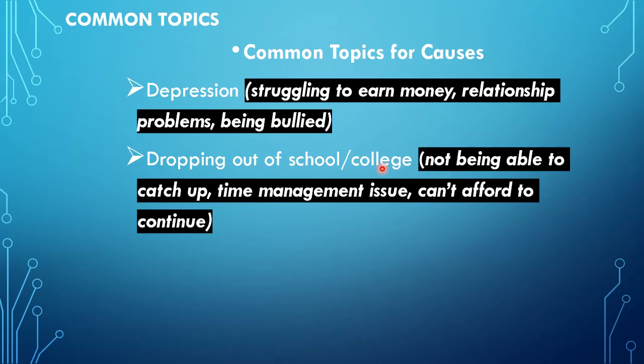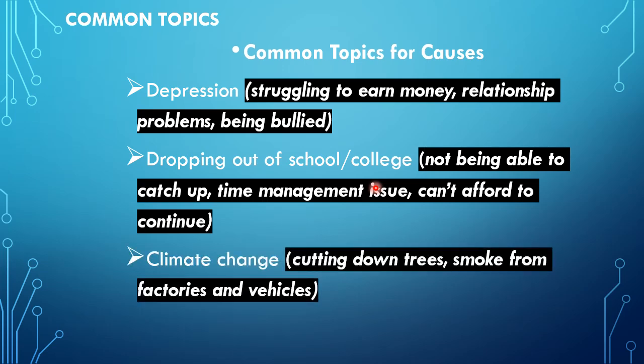Some drop out because maybe they cannot manage their time well. Or some students drop out simply because they cannot afford to continue. They do not have the money to continue studying or pursuing a higher degree or higher knowledge. So this topic can give us some causes as to why it happens.